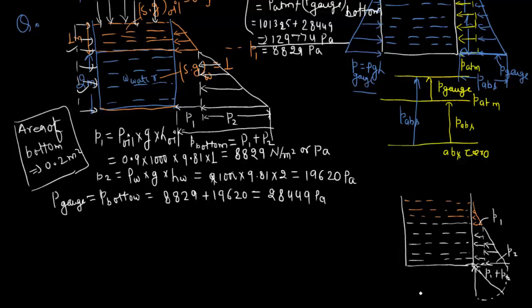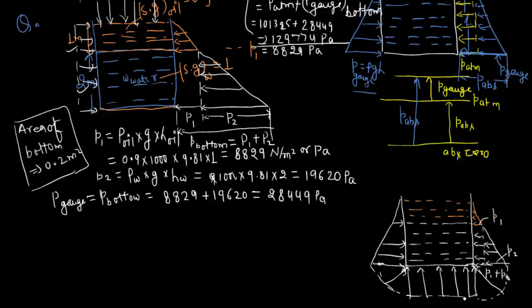So this value throughout the bottom remains same. And again at this corner according to Pascal's law, this pressure intensity and this pressure intensity are same. So this is the distribution of pressure around this container due to this fluid.